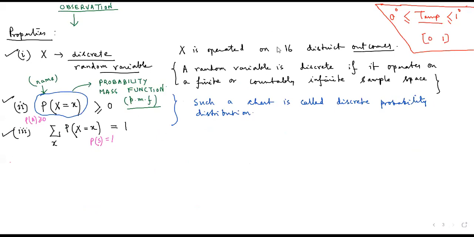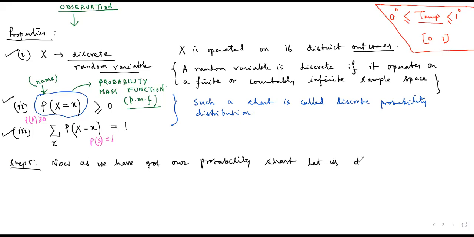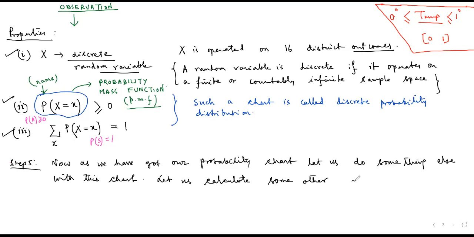My step number 5 is, now as we have got our probability chart, let us do something else with it.